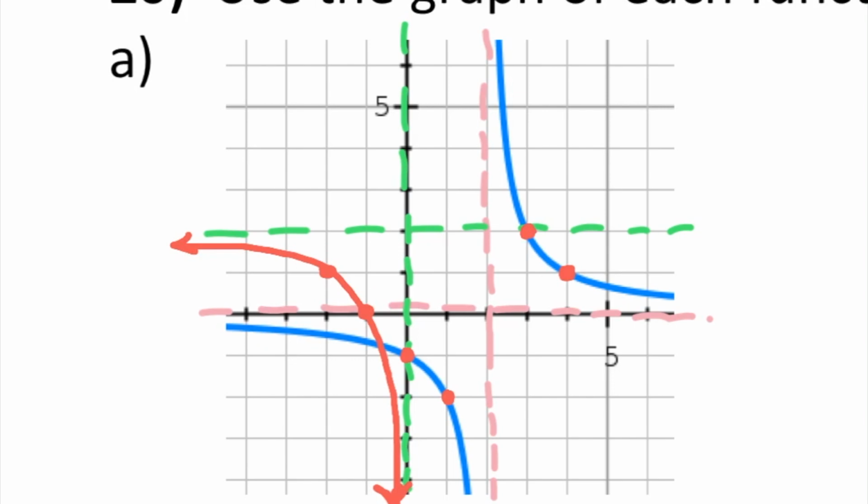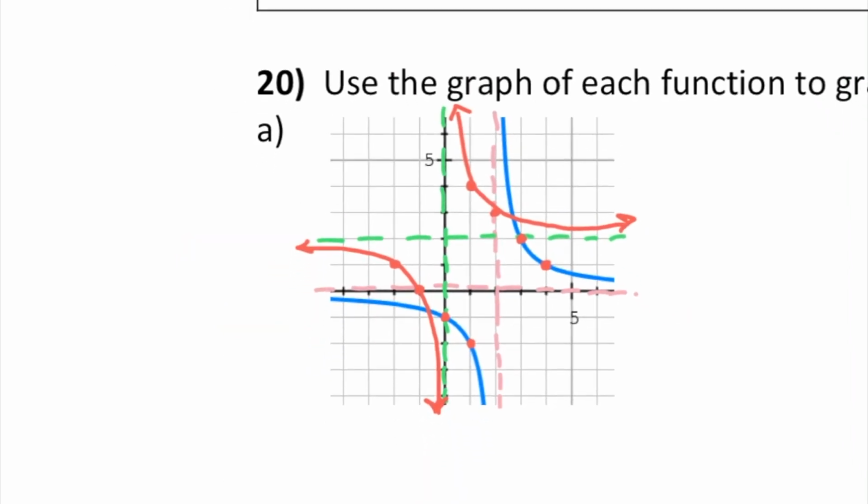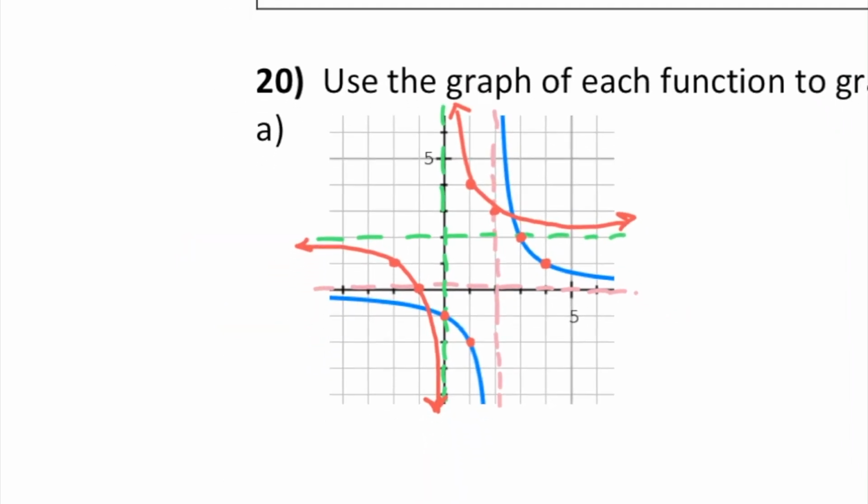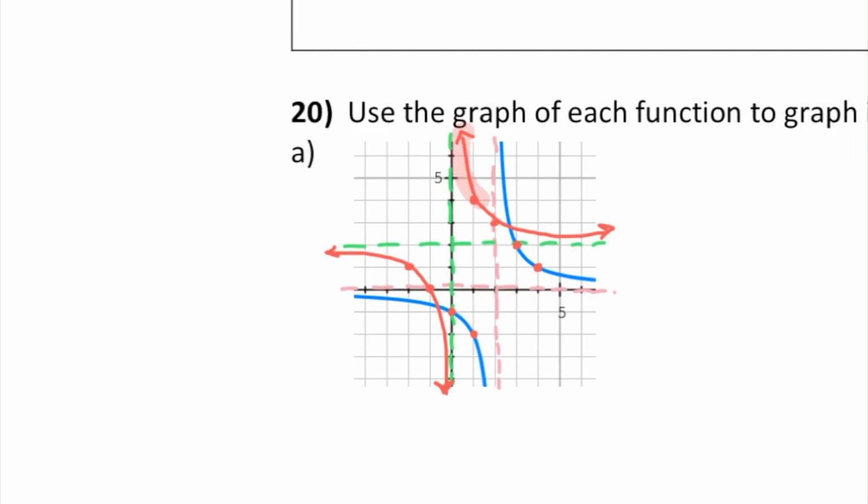So I'll graph a point at 1, 4 and 2, 3. I'll look at my green asymptotes as guidelines. And I know that's a little crazy, but the red, I'll highlight it for you. The red is your inverse function right there and right there.